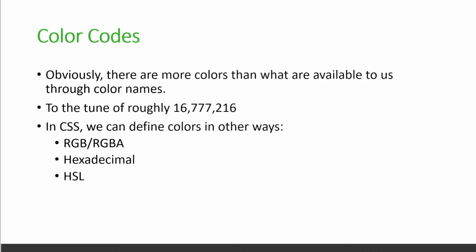There's like 150, 180, something like that, named colors. But there are over 16 million, almost 17 million colors that we can use that just aren't named there. And so that's where color codes come in, particularly for this class.